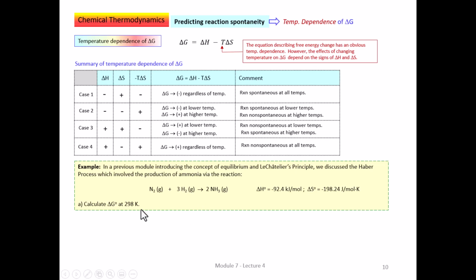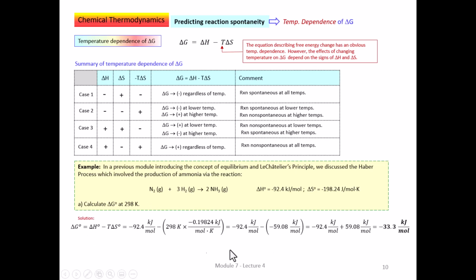Well, let's calculate what it is at 298 K. At 298 K, it's minus 33 kilojoules per mole, and so it is spontaneous at 298 K. Of course, to do this calculation, we converted joules to kilojoules in the delta S term. So the reaction as written is spontaneous at 298 K.